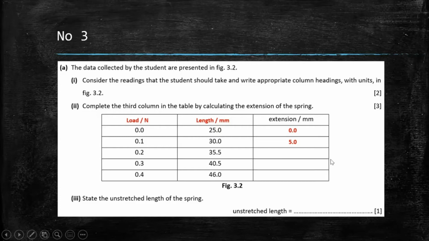We will get 10.5 mm. The fourth row is 40.5 minus 25, which is 15.5 mm. The last one is 46 minus 25, which equals 21 mm.